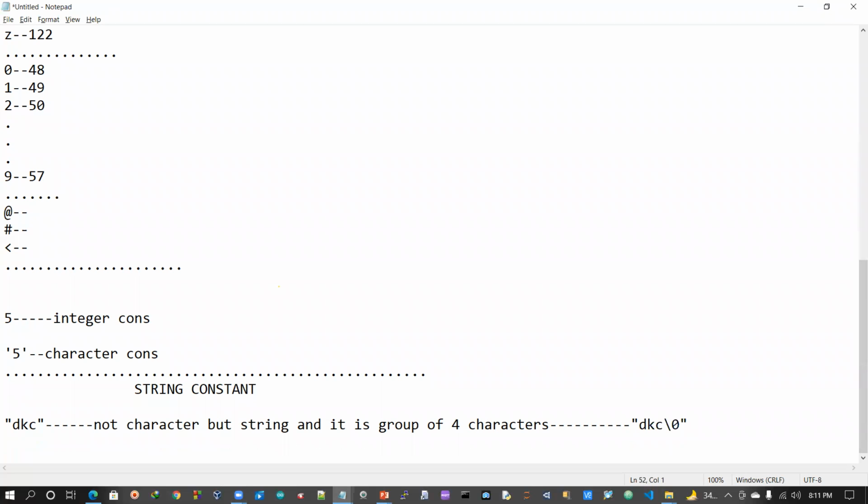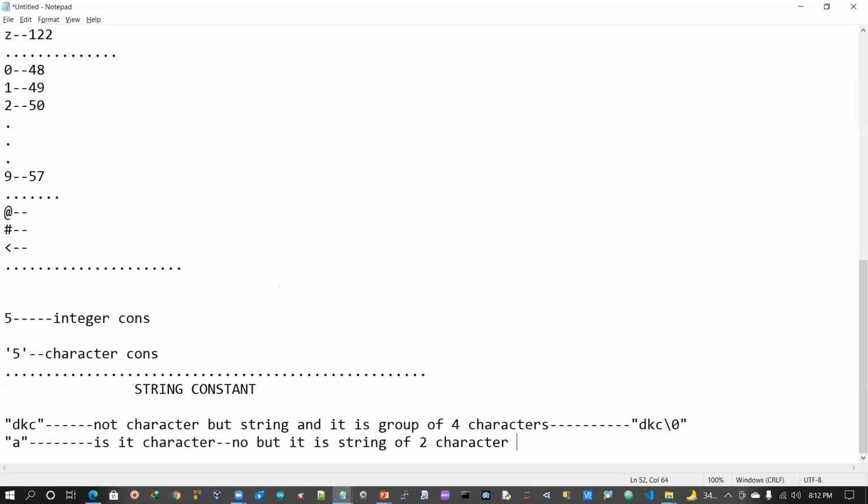Now, suppose, Karthik, I'm taking another one. Here I'm taking simple A in double quotes. Now, you tell me, is it a constant? Is it a character? No. No. But it is what? It is a string. A string of 2 characters.